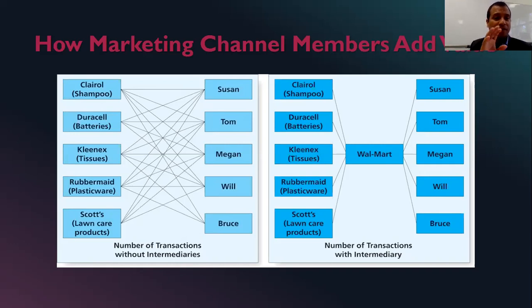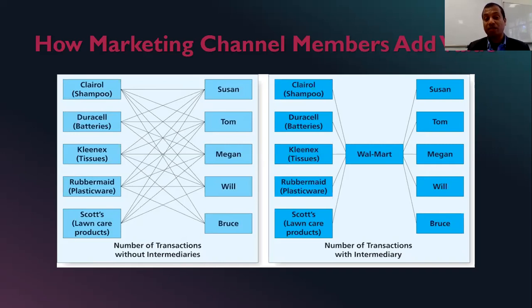Suppose in the image on the left side, you have 5 suppliers, 1, 2, 3, 4, 5. And on the right side, you have 5 retailers. Suzanne, Tom, Megan, suppose they have their own retail shops.